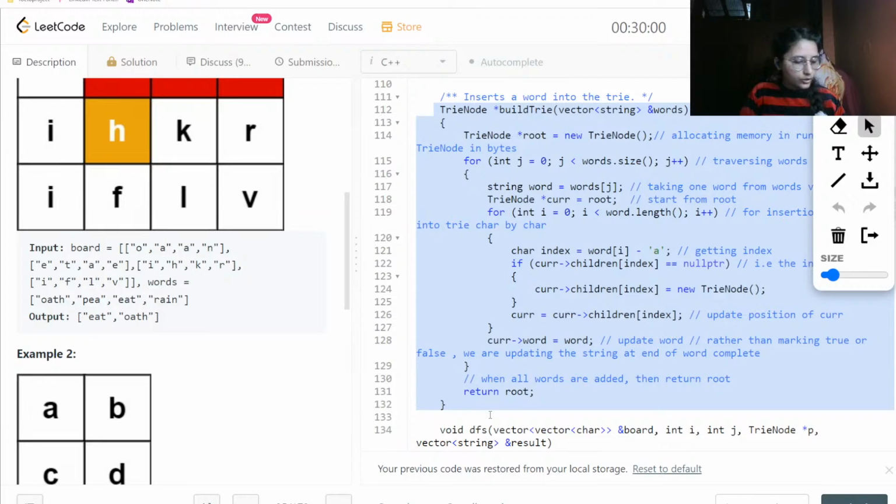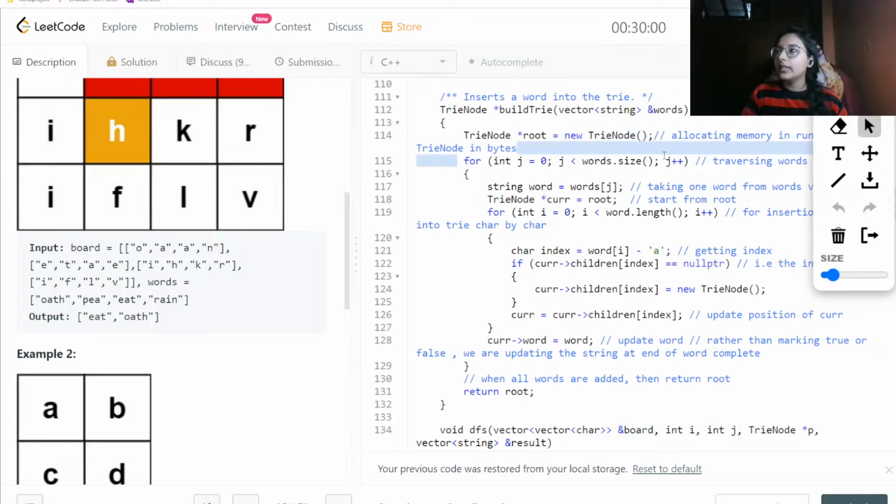So the first thing which we are doing here is, see, here we are having this root and then we are allocating the memory in the TrieNode data type.